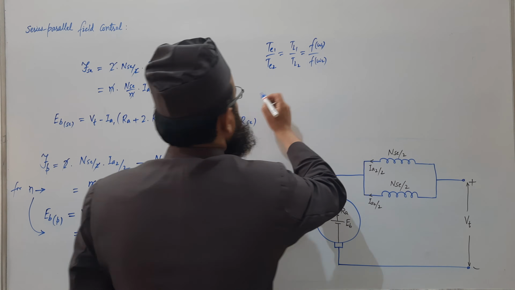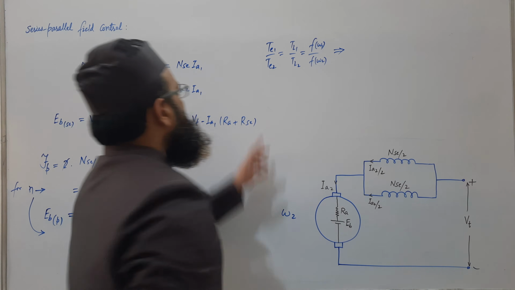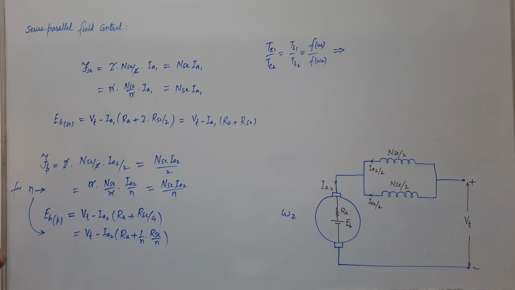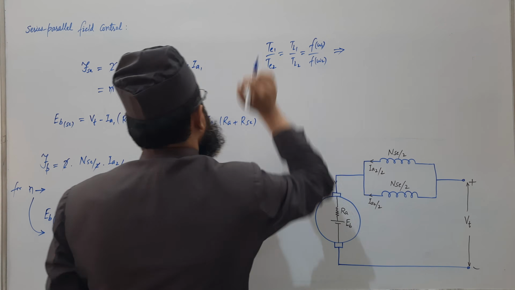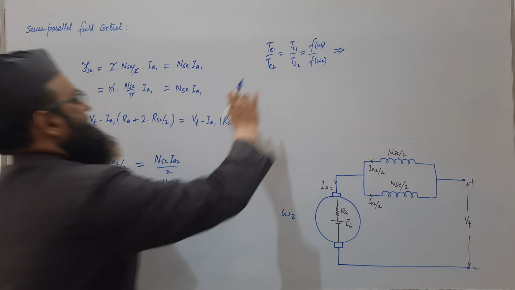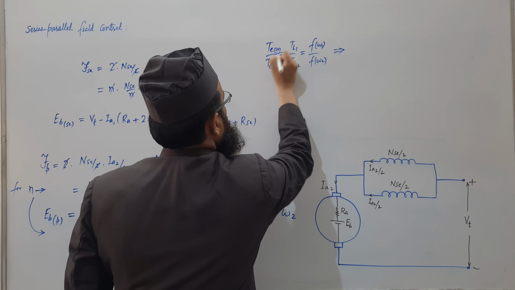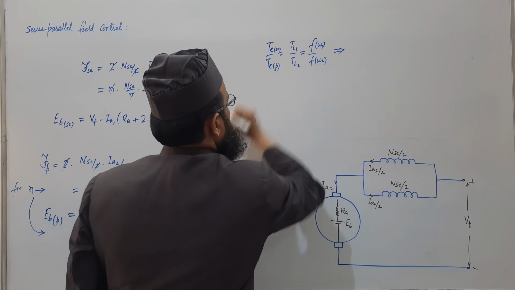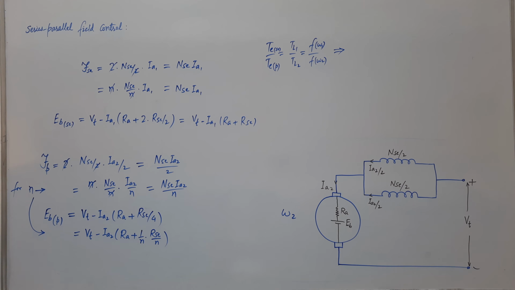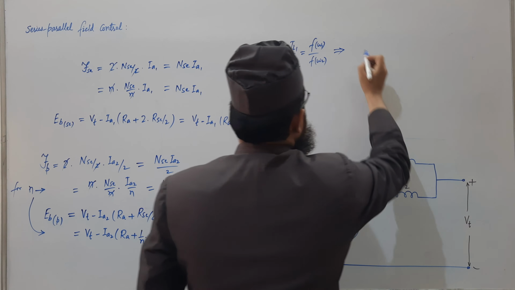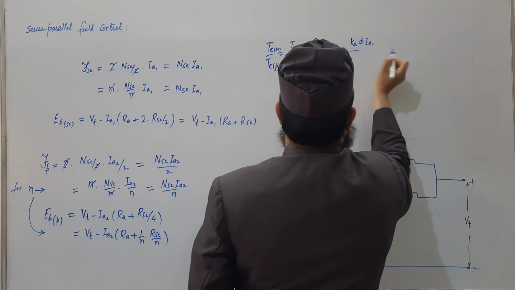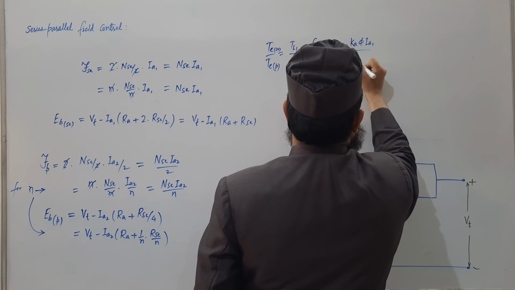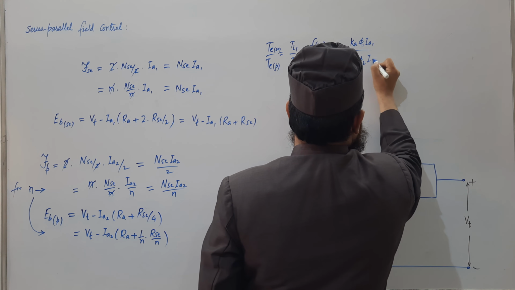Corresponding torque for the series connection, to avoid confusion, let us write TESE and TEP. So TESE will be Ka phi SE times Ia1, and TEP will be Ka phi P times Ia2.